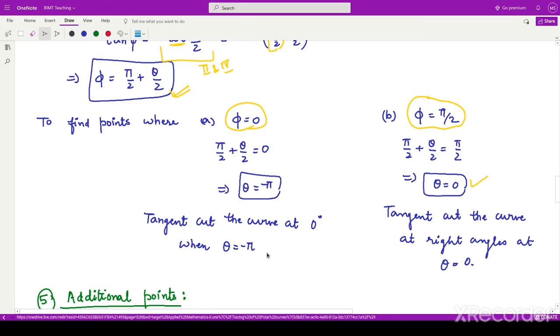This phi represents the angle between the tangent line and the radius. If the angle is 0, they cut each other at 0 angle whenever theta is minus pi, and they cut at right angles whenever theta is 0. So this is the point that we have.